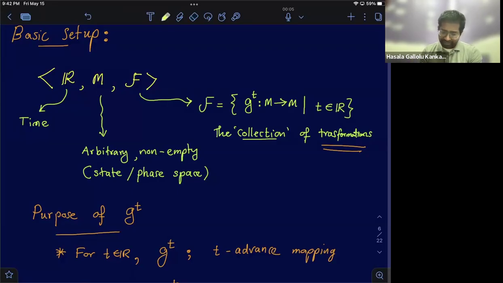The first one is the time set. Now, in the previous lecture, I mentioned that this time set can be indicated by a general notation, just calling it t, where we can replace it when we need it to be replaced by something else. But now, in this case, I'm going to make it simple.